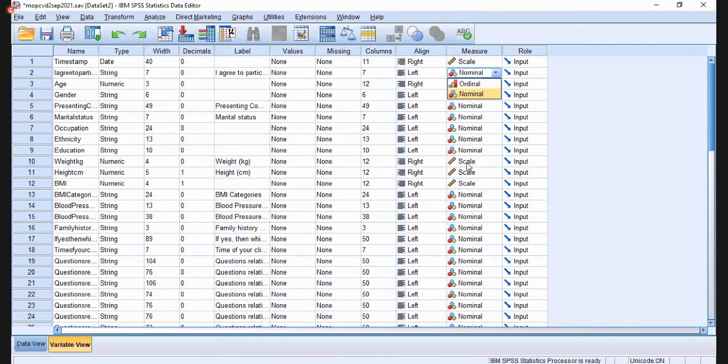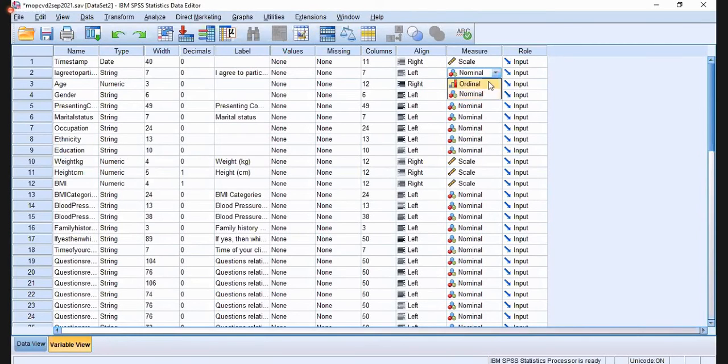Scale data is quantitative data, such as weight or height, or maybe BMI.